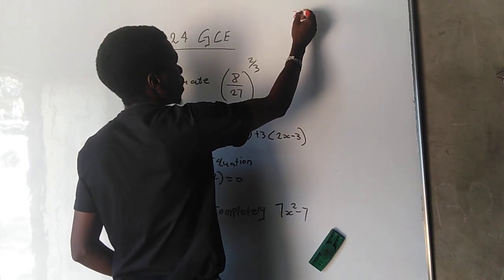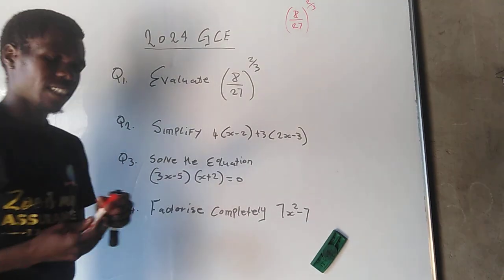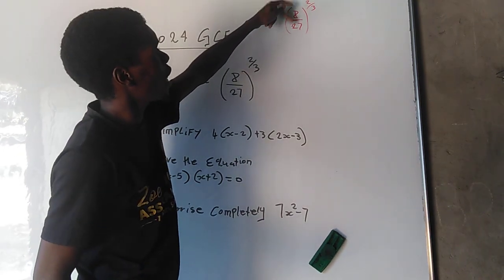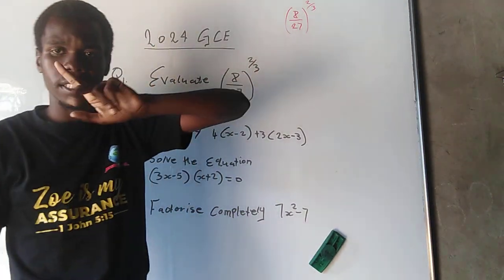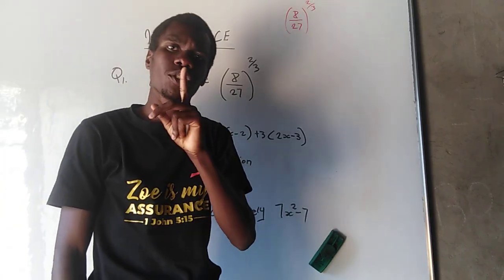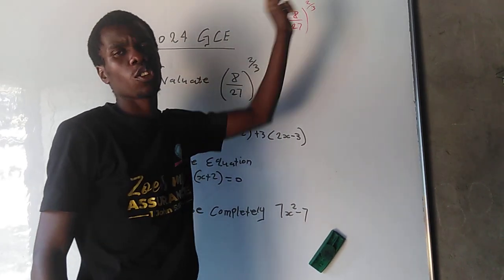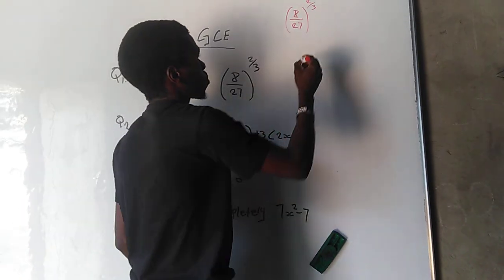So I'm having 8 over 27 to the power 2 over 3. Please, the moment that you are seeing something like this, where the power is a fraction, this 2 over 3, always introduce the root.